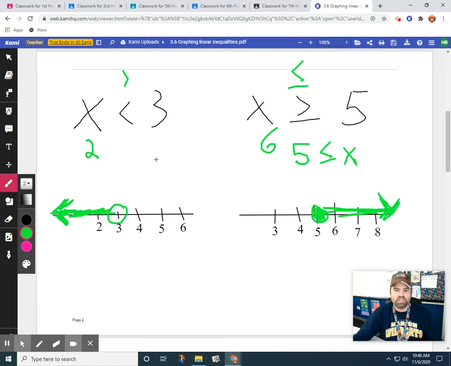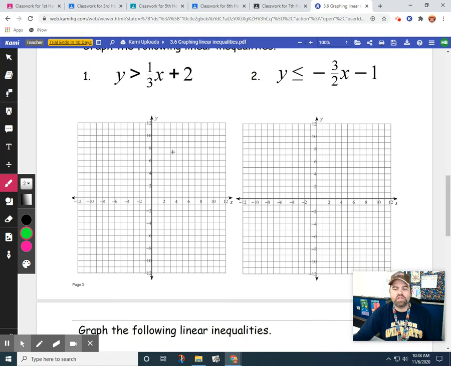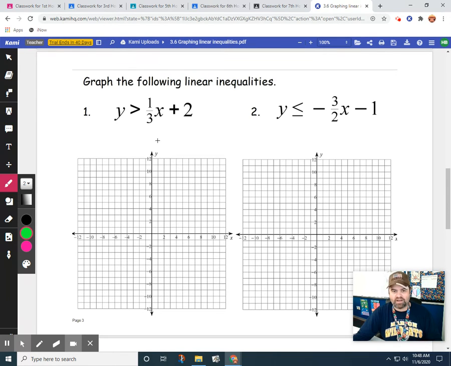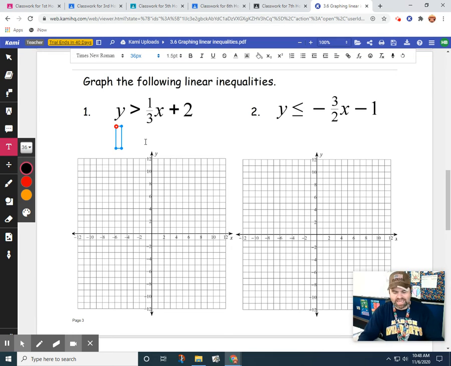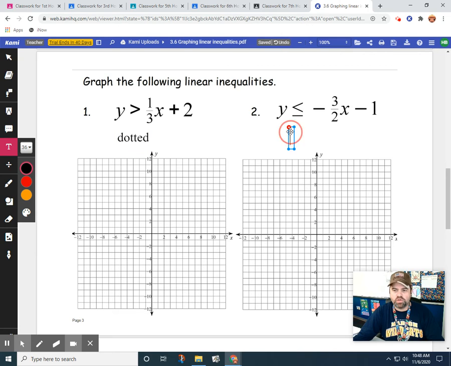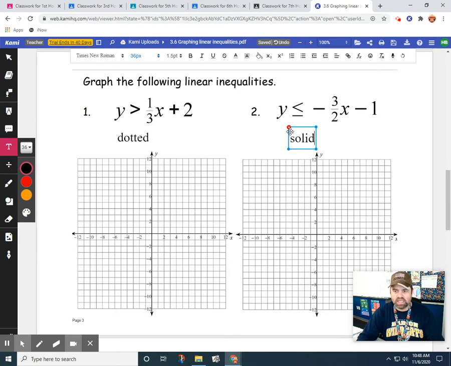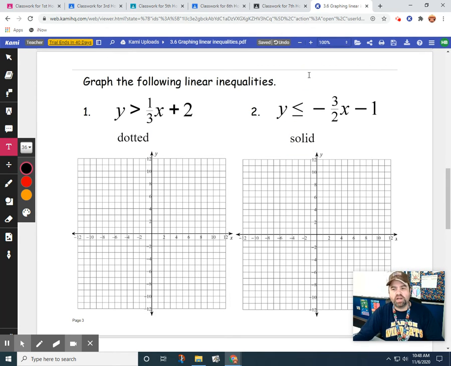Open if it was strictly less than or greater than, and shaded in if it was greater than or equal to, less than or equal to. The way you illustrate that in a graph is that you use a dotted line if it is less than or greater than, and you use a solid line if it is less than or equal to, greater than or equal to. So I'm going to do a dotted line when I do this first one.